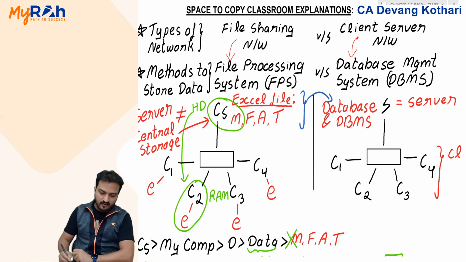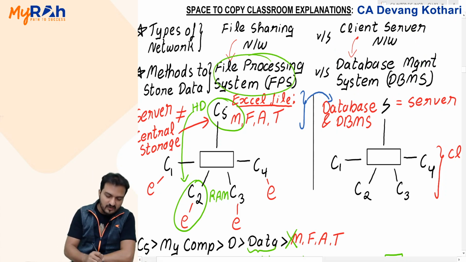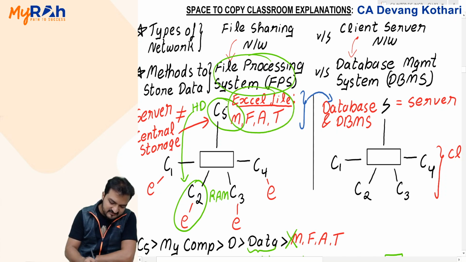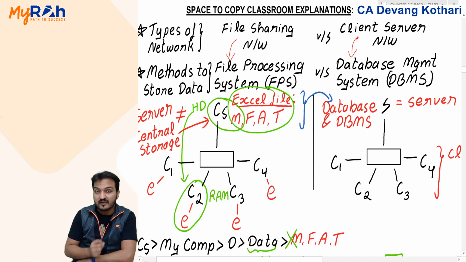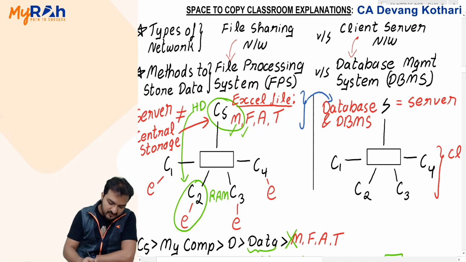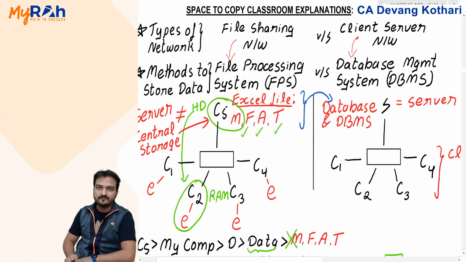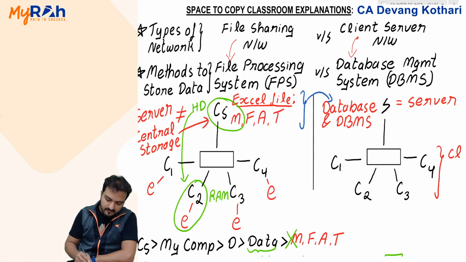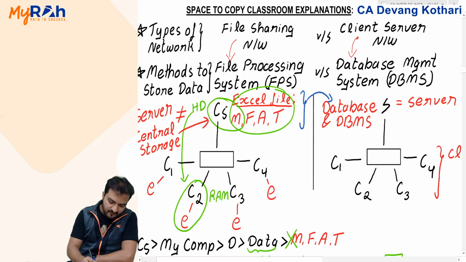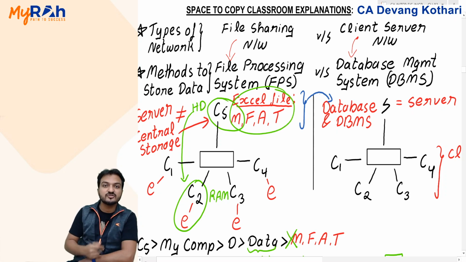Now, file processing system was the data storage method in which all my data was stored in various separate Excel files. In my example, I had Excel files like this: master file, fee records, attendance file, and test marks file. So in my example here, I had four different Excel files in which I was maintaining student data.